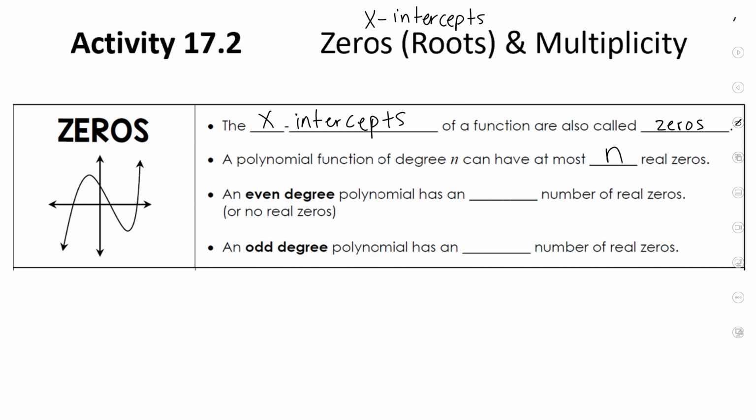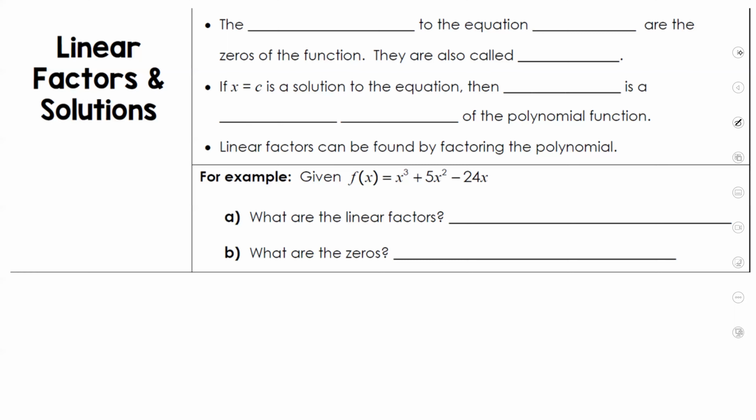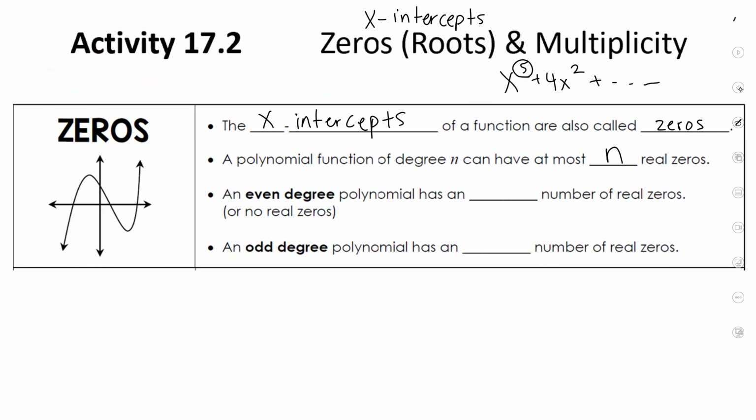That means you can have 5 real zeros. Whatever number that is, is what you can have at most. An even degree polynomial has an even number of real zeros, and an odd degree polynomial has an odd number of real zeros.